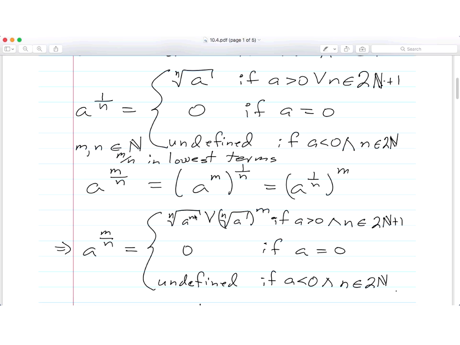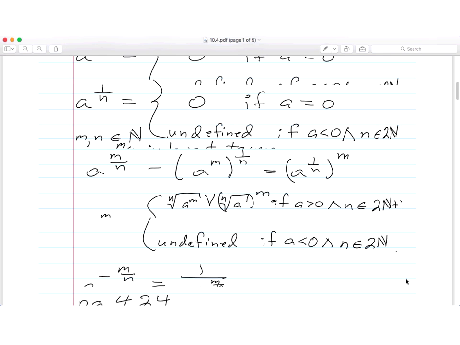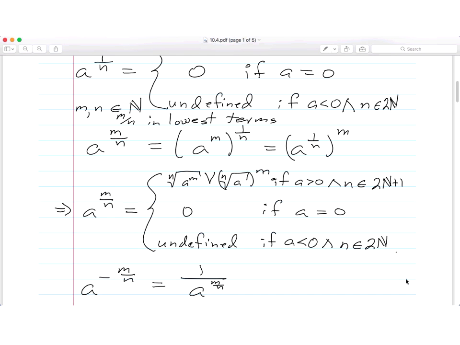And it's undefined if I'm trying to take an even nth root of a negative number. So it's undefined if a is less than 0 and if n is an even number. We define a to the negative m over n as just 1 over a to the m over n.